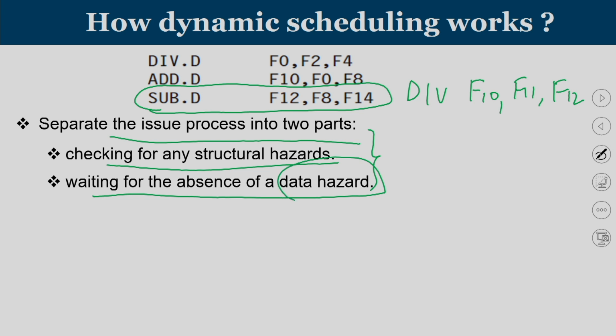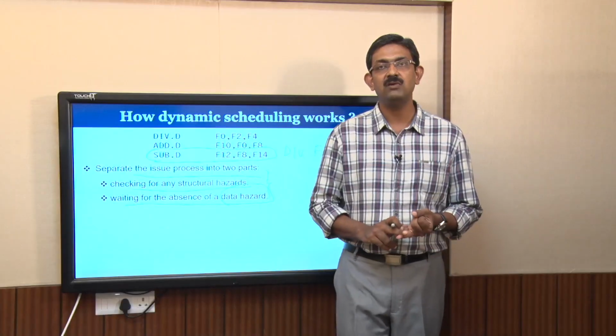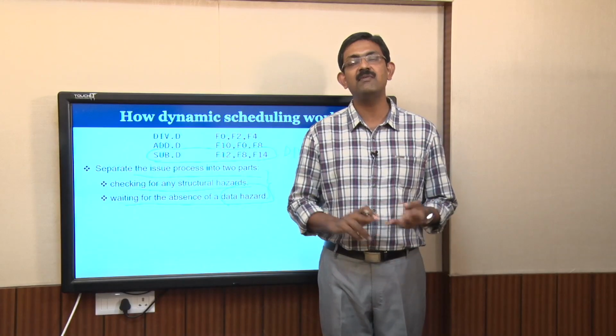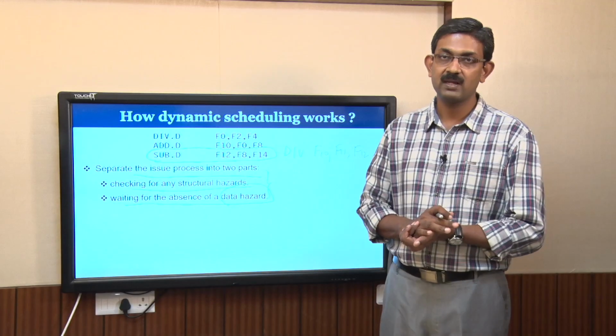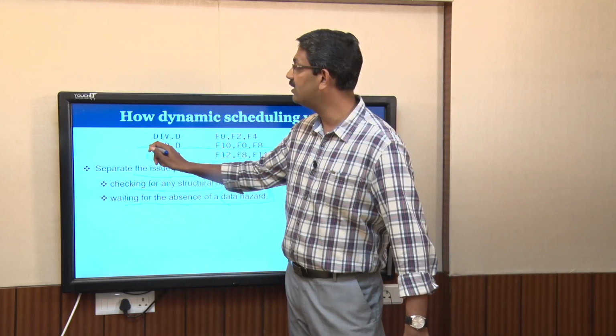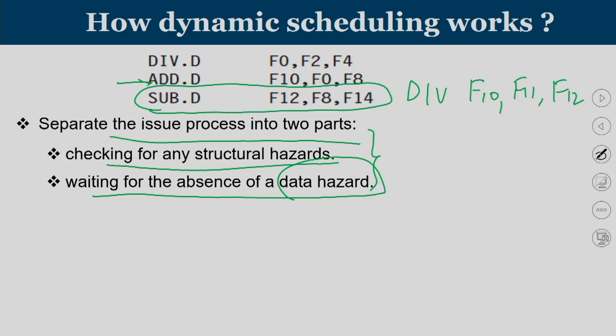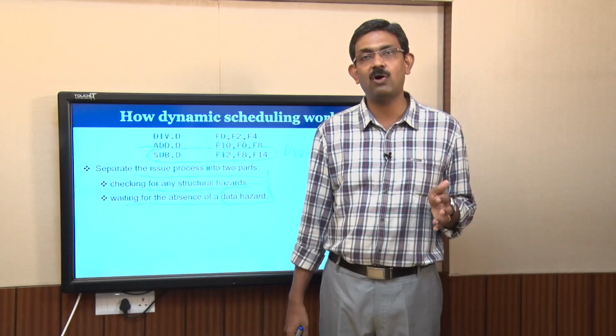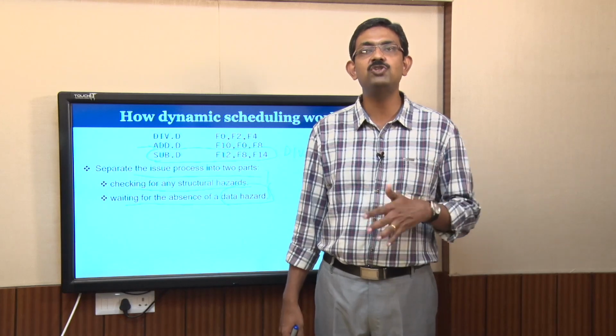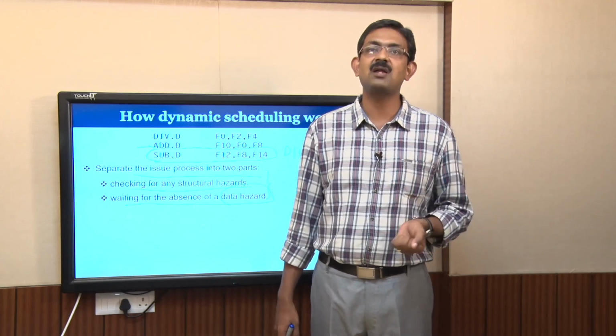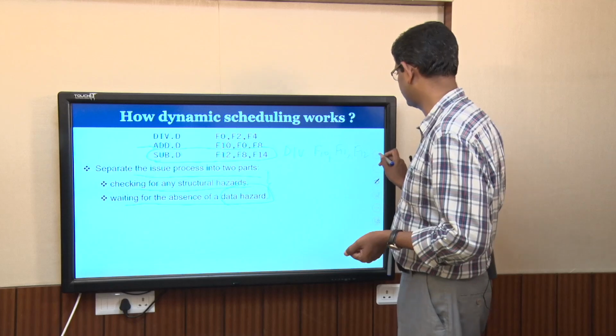As long as there is no structural hazard and no data hazard, we will not delay an instruction. We will allow the instruction to execute. My previous instruction add is still waiting. My subsequent instruction subtraction is not waiting for anybody. So subtraction can start execution. Even though I fetch them in order and decode them, or issue them, in order, execution starts out of order.